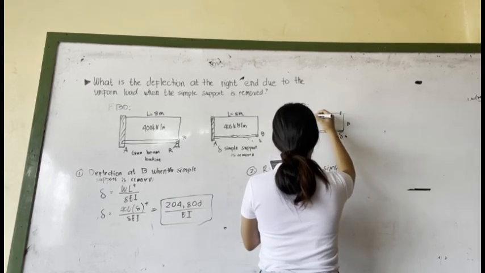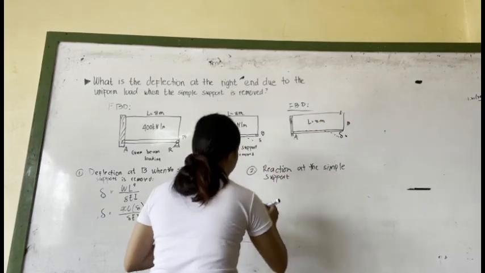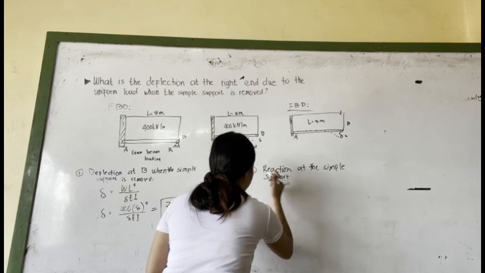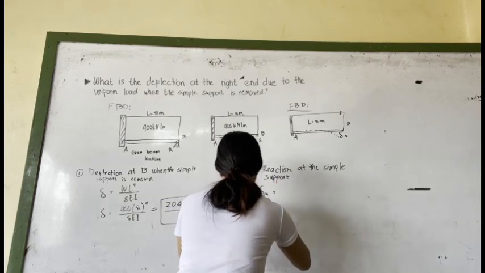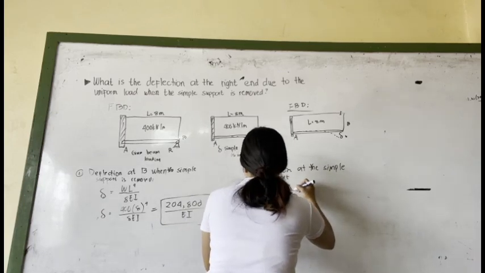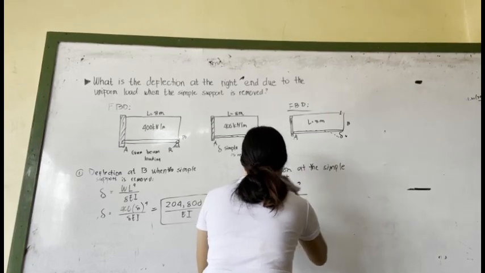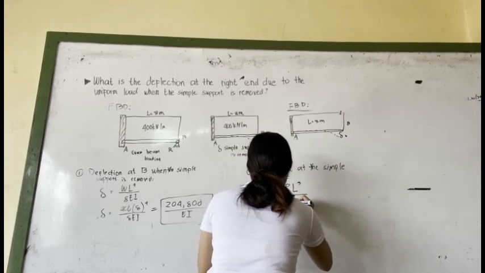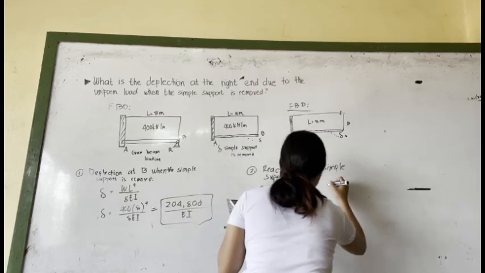Since we have a length of 8 meters. And now, in order to get the reaction, we have a formula of deflection due to the unit load: delta equals P, which is the load, times the length to the power of 3 over 3EI. So our load here is equal to 1.